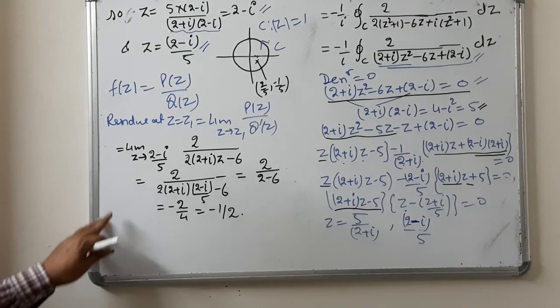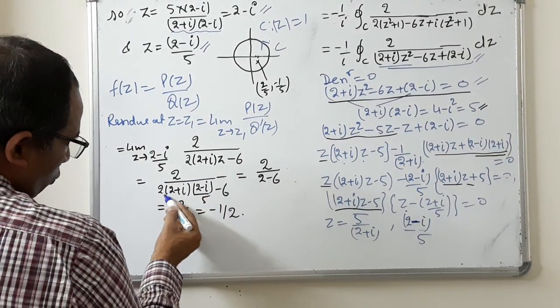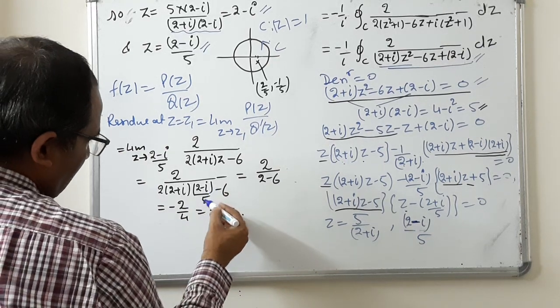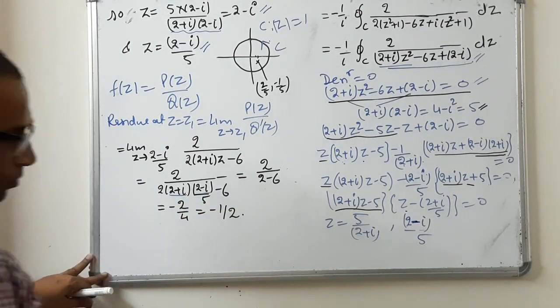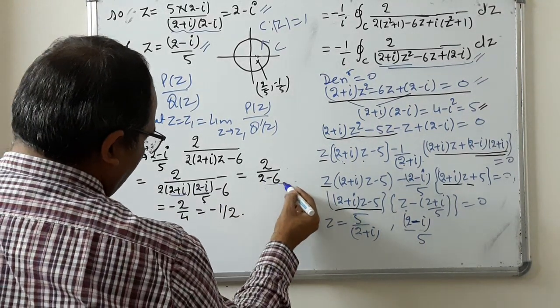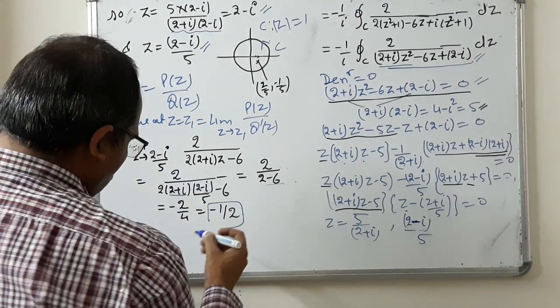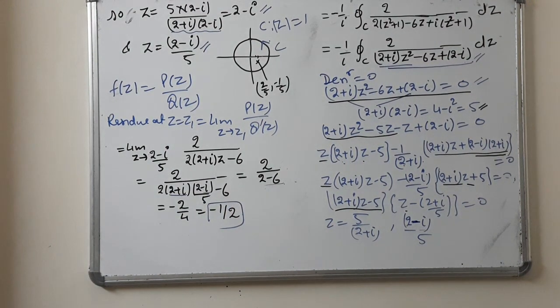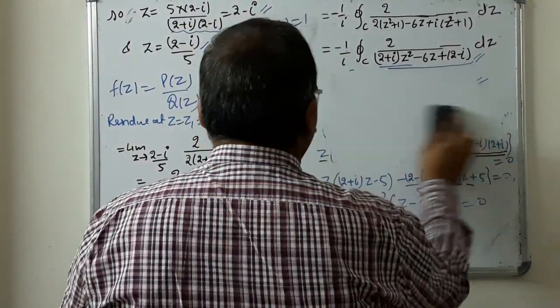Put the value of z as (2 minus i) upon 5 here. So 2 upon 2(2 plus i)(2 minus i) upon 5 minus 6. And (2 plus i)(2 minus i) is equal to 5. So the 5s cancel out, we get 2 upon 2 minus 6, that means minus 2 upon 4. The value of this is minus 1 by 2. So the residue is equal to minus 1 upon 2.